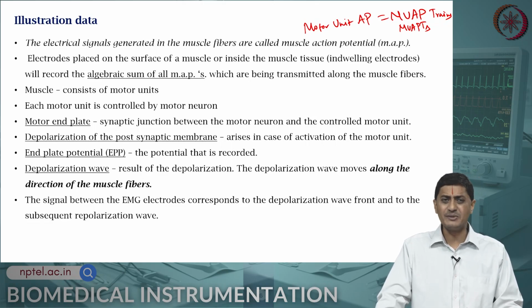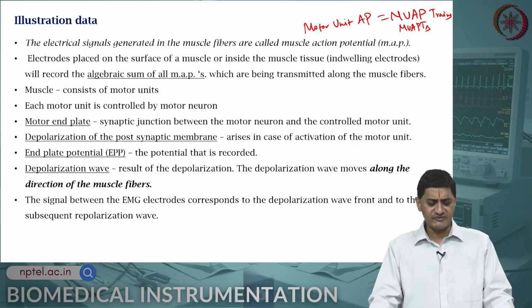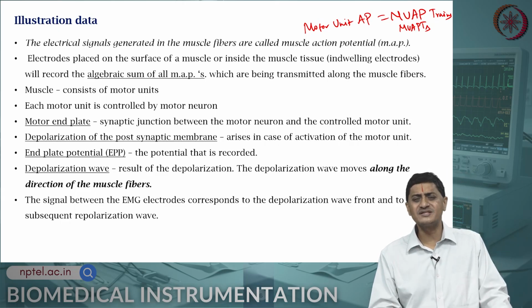The motor end plate is essentially the synaptic junction between the neuron and the muscle fiber, or the set of all muscle fibers; several neuromuscular junctions exist. Whenever this postsynaptic membrane is depolarized, when will this be depolarized?